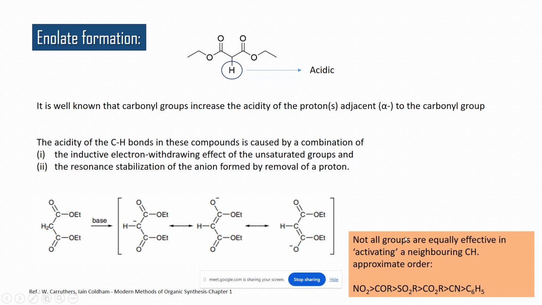Whenever there is an acidic hydrogen, if we add any base to it, it will be abstracted, and due to conjugational stability with the adjacent carbonyl group, it will show this type of resonance.